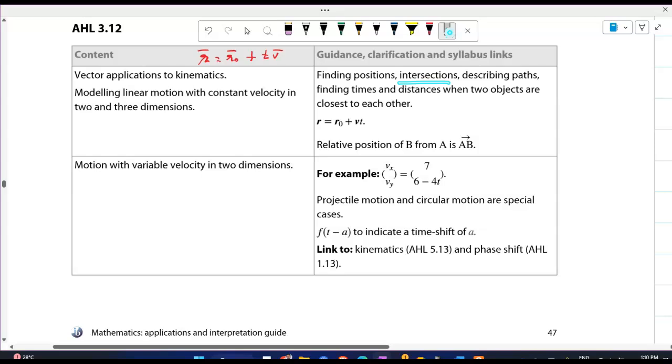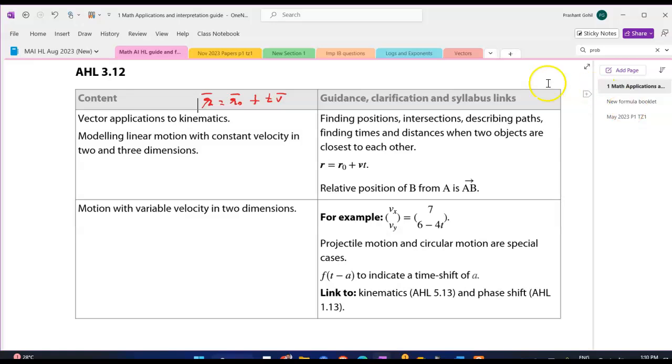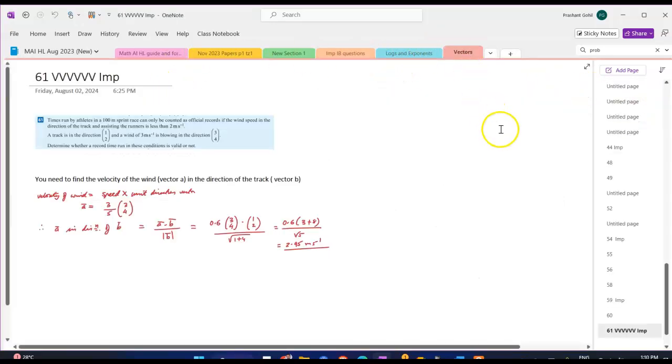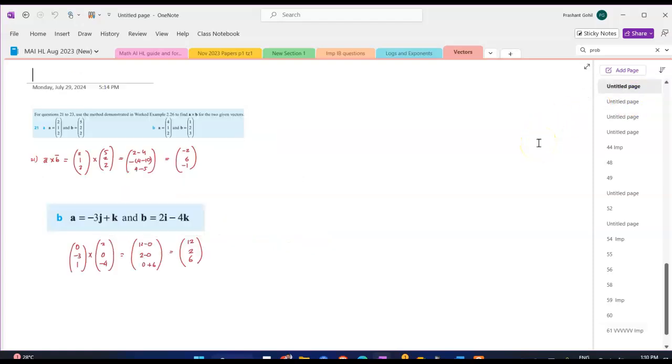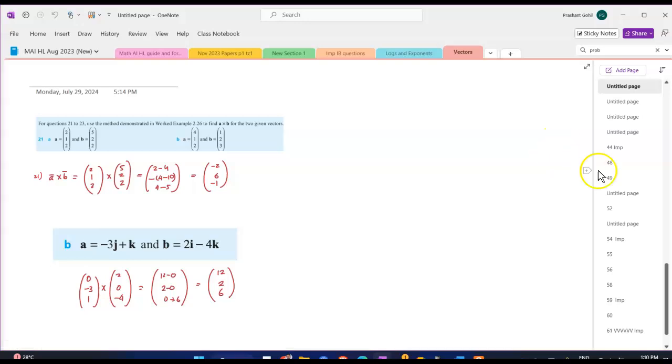Intersection. How do you find the intersection of two lines? You equate them and solve for the parameter. So you have to know this in terms of x1, x2, x. If you go through what we have done, there's a cross product. This is much later.